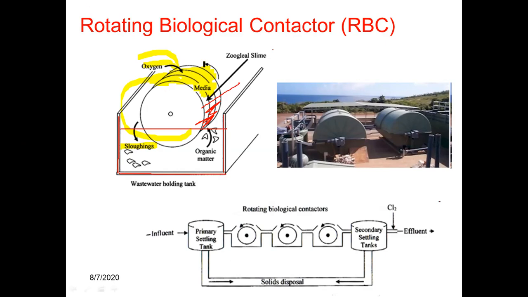Usually rotating biological contactors can be arranged in series, like this. Then after the RBC process, there should be a secondary settling tank. This sludge is not recycled as in the activated sludge process. So you must remember this sludge is sent to the sludge disposal unit.